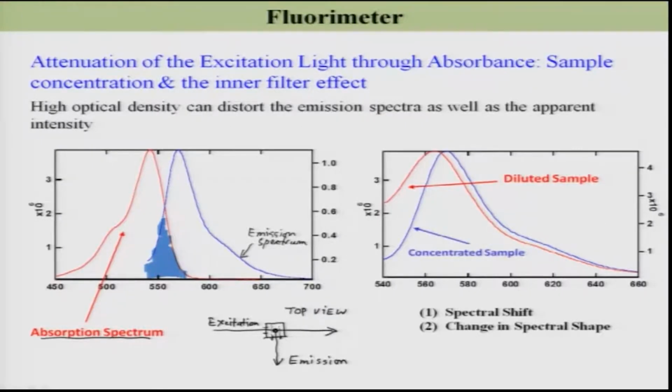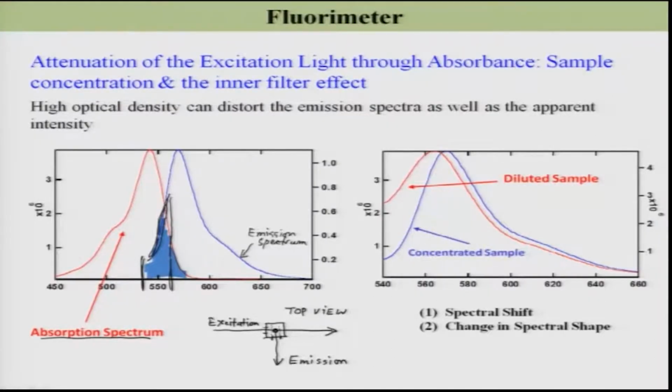It means that if the concentration of the sample is high, then the emitted light in this wavelength region can be reabsorbed by the other unexcited molecules present in the vicinity of the excited molecule.